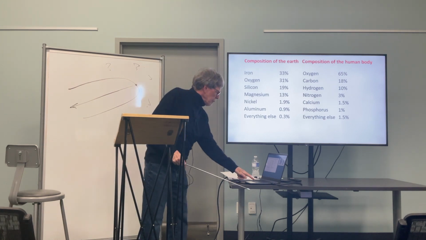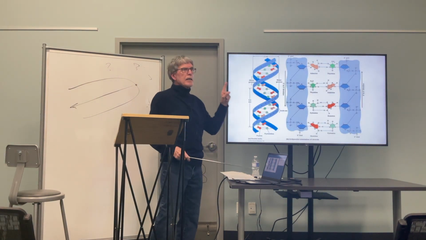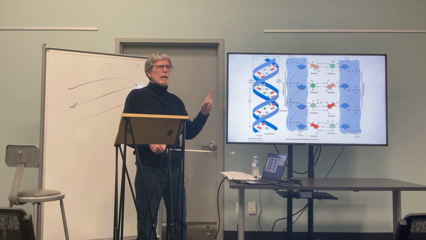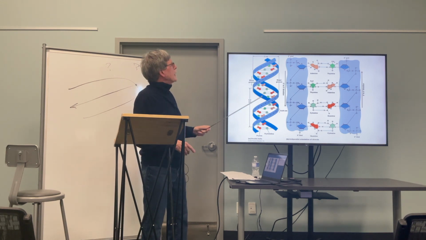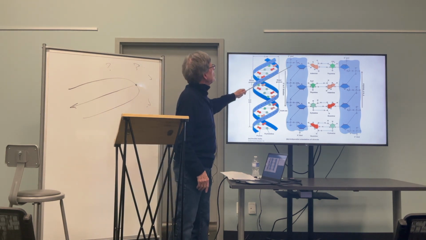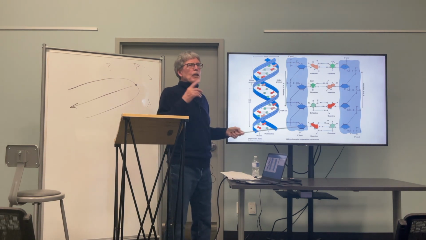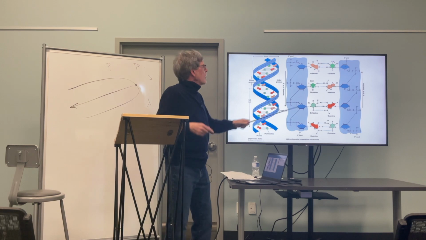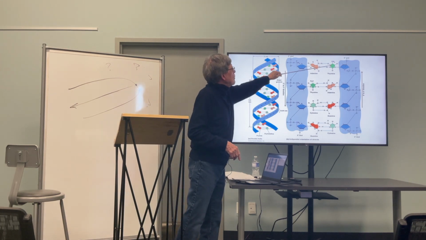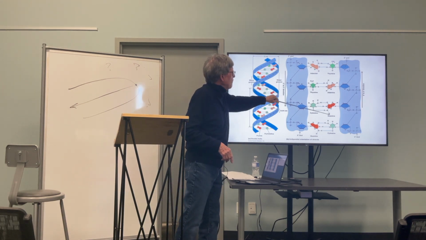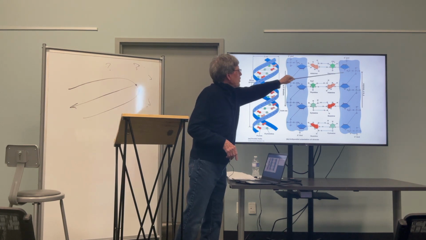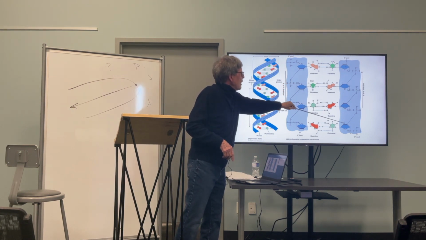And if you want proof of that, look at DNA. Again and again, what do you see? Oxygen, phosphorus, hydrogen, carbon, carbon rings, forming the basis of the bases here, sugar molecules, and phosphate groups on the outside.